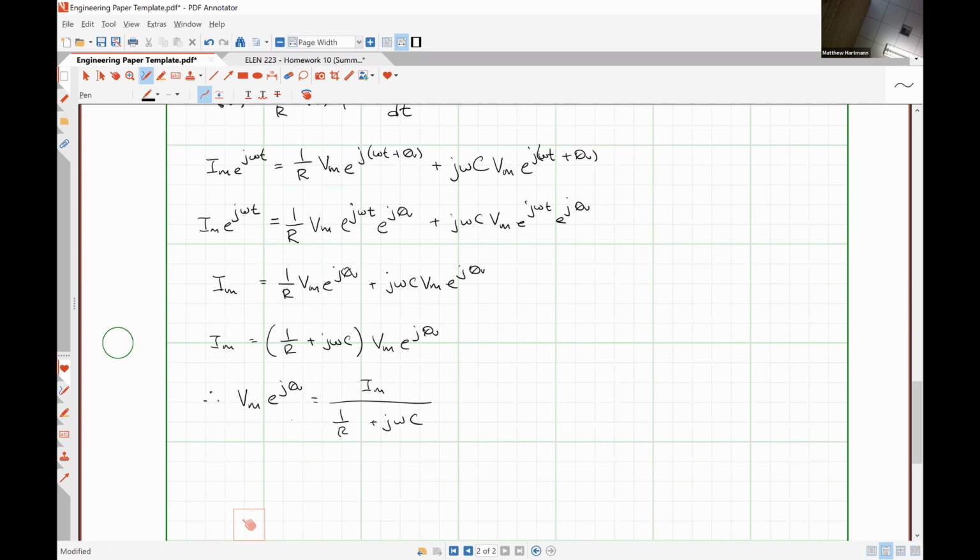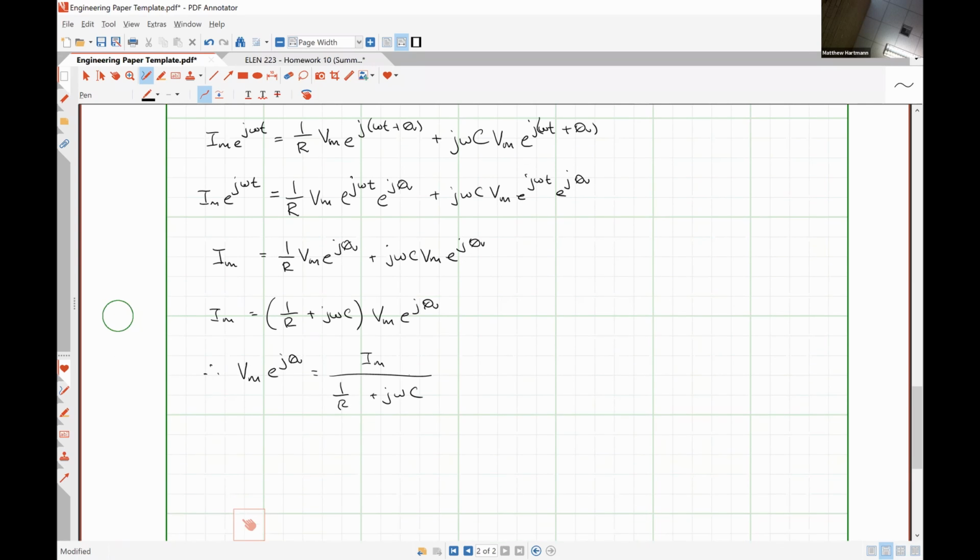And similarly, the phase angle of the right-hand side has to be equal to the phase angle of the left-hand side. So I'm going to need to convert, well, not necessarily convert the right-hand side complex number into a polar form, but I need to convert it into a form where I can easily determine its magnitude and phase angle. Do I have any suggestions on how to go about doing that?